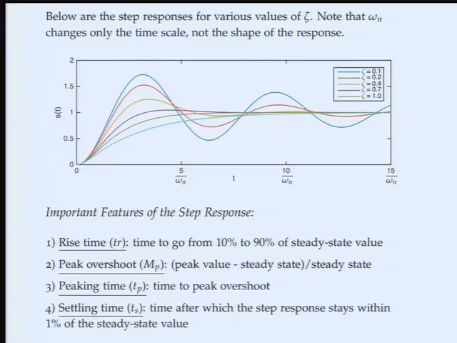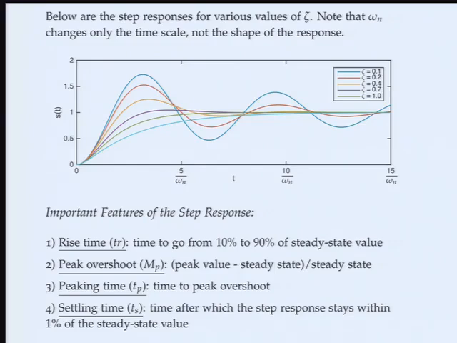One definition that's practically used is the time to go from 10% to 90% of the final value. That is, if the final value is 1, as in this case, how much time does it take between the time the step response was 0.1 and the time it is 0.9? The assumption is that by the time you get to 0.9, you're pretty close to the final value, so that's how long it takes to rise.